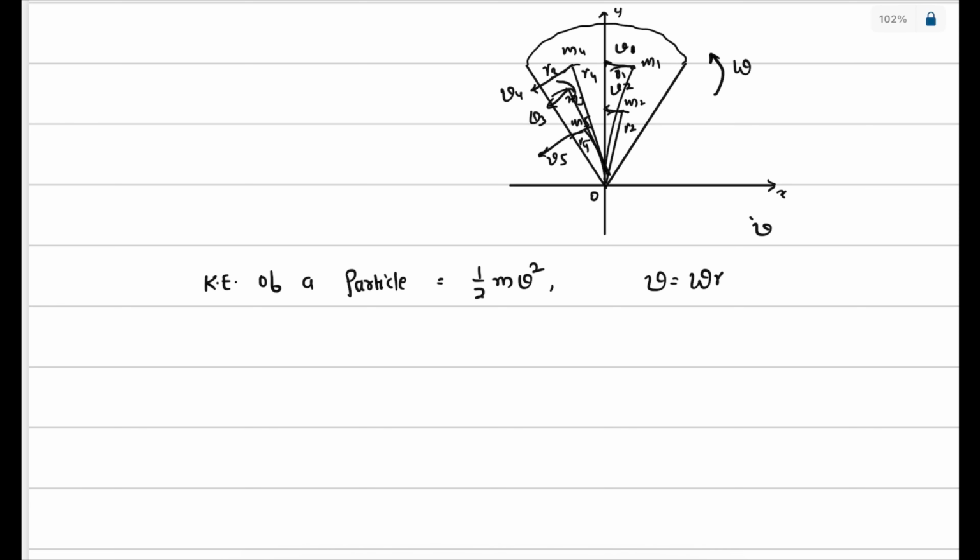You know the vector of velocity is equal to omega cross r, which I have already explained in the previous classes. Now, for the kinetic energy of a particle, where omega is the angular velocity and r is the radial distance from the axis to the particle.